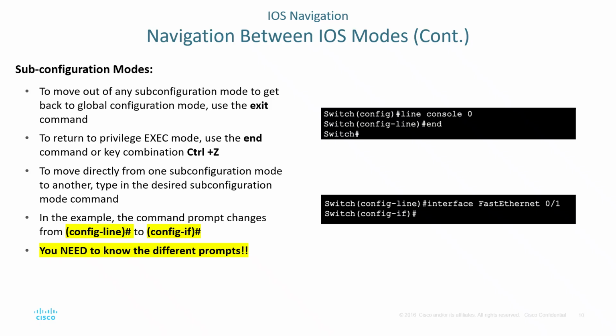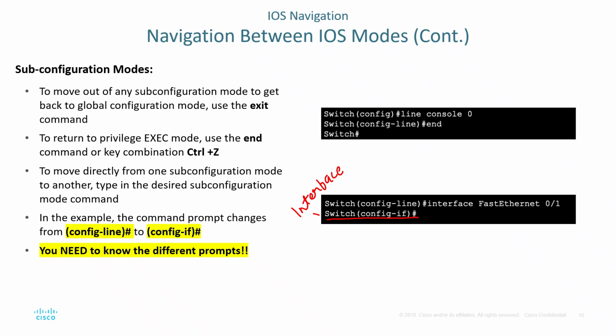Once I type in the appropriate interface that I'm looking for, in this example, interface FastEthernet 0/1, and I hit enter, now look at the interface prompt. Okay, so I cannot stress how important it is for you to know the different prompts and how to get back and forth between them.